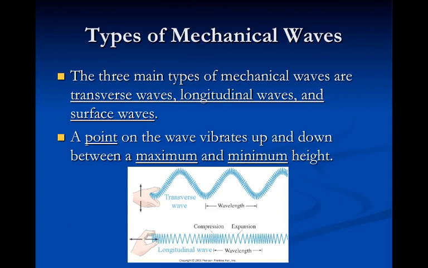You can see again in the diagram that a wave is traveling up and down like we do a wave at a football game. People go up and down, and the height of the wave is going to be called a crest, and the bottom of the wave is going to be called a trough. And a wavelength is the distance between one trough and the next, or one crest and the next.